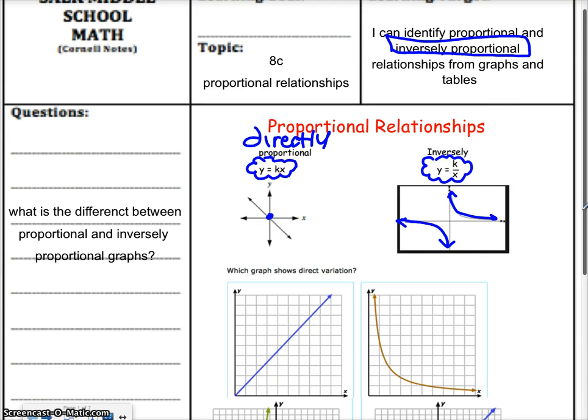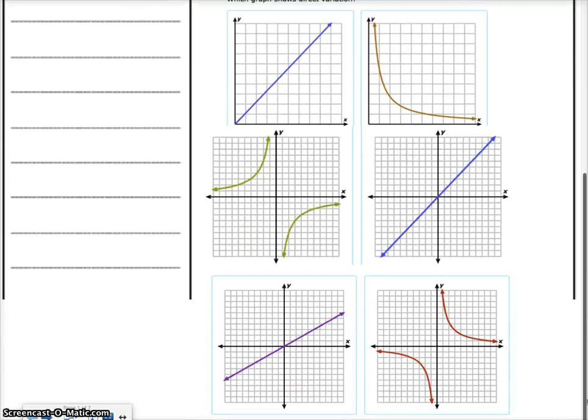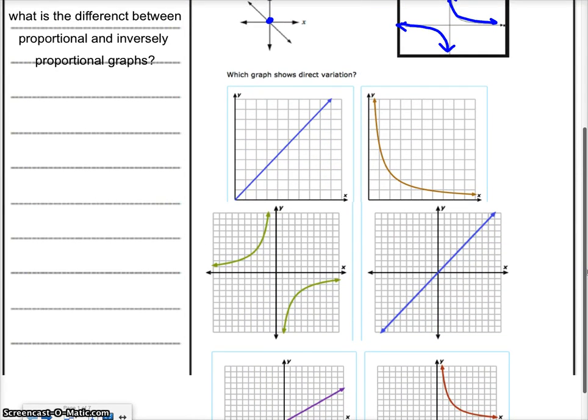So 2 equations you're going to work with today. Y equals kx, y equals k divided by x. That's what you're going to work with. Okay, so let's see. We're just going to identify here if they are directly proportional or inversely proportional.